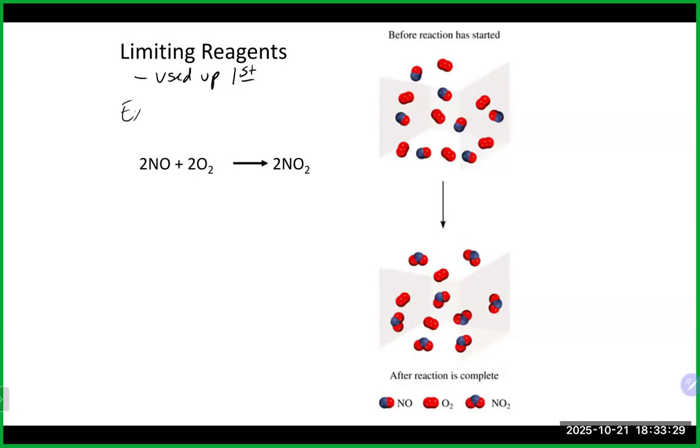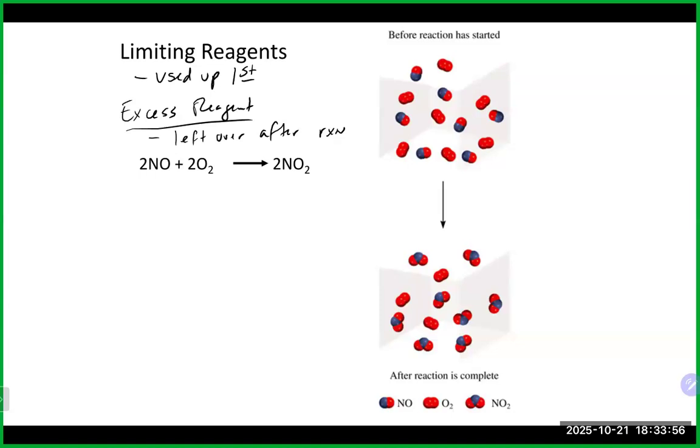And the excess reagent is the one that you have left over after the reaction. So you have plenty of the excess reagent. You'll even have some left over when the reaction is done. The limiting reagent is always the most important one in terms of how much product you will produce.